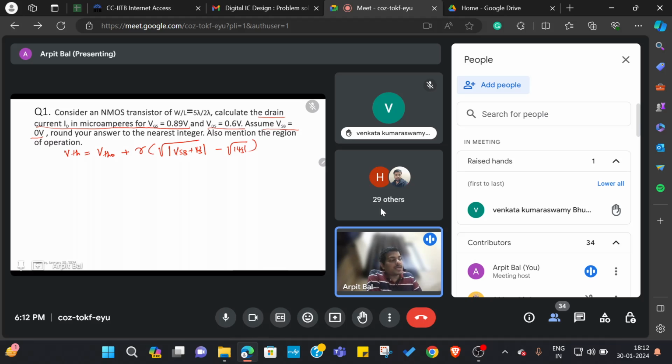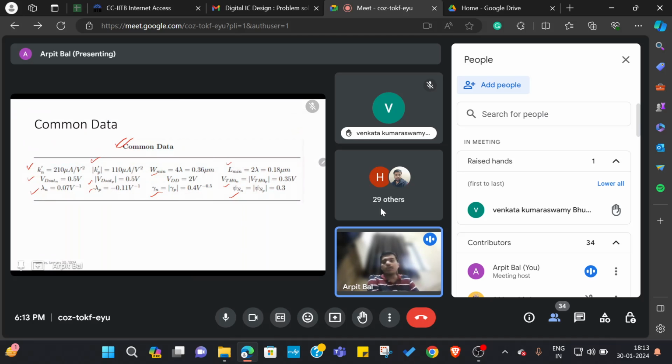But it is given that VSB is equal to 0. It means this will be mod psi s minus mod psi s, so this complete term will be 0 and we are left with VTH naught. VTH naught for NMOS is given as 0.35 volt. This data is already given in the common data.